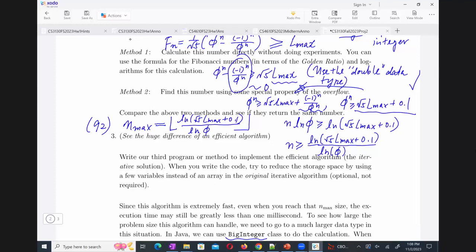After you calculate the Fibonacci number, how do you know whether you got overflow or not? There is one detection method that can tell you if your computation is correct. Remember, for Fibonacci numbers, you need to calculate Fn equals Fn minus 1 plus Fn minus 2. When you do this addition, does it give you the correct answer?